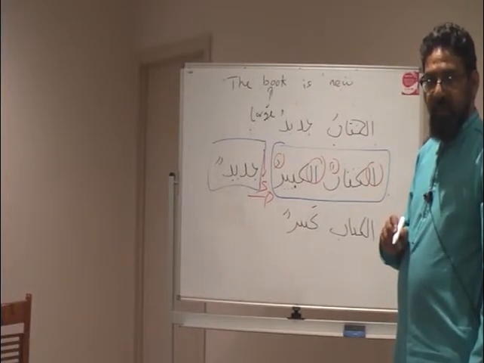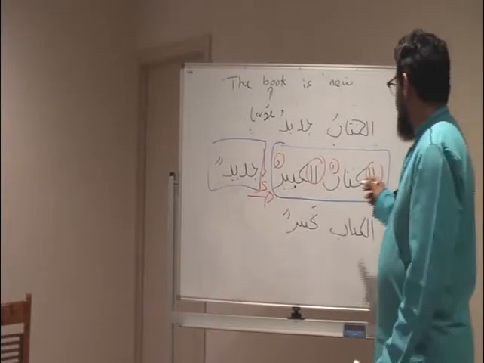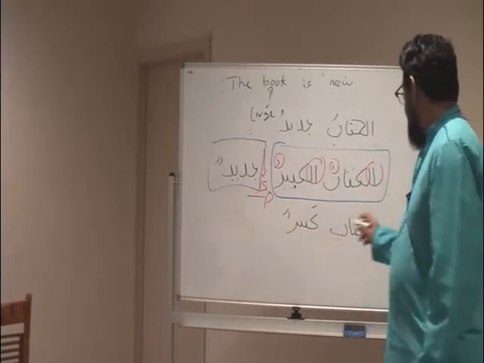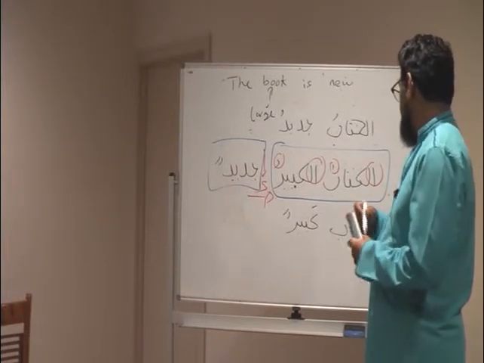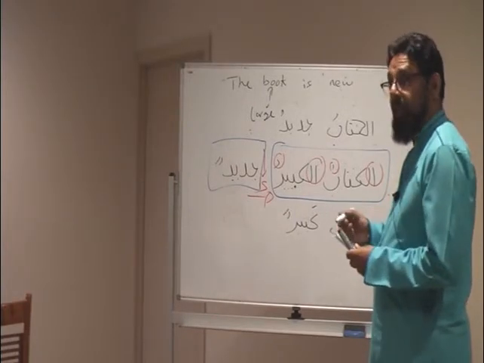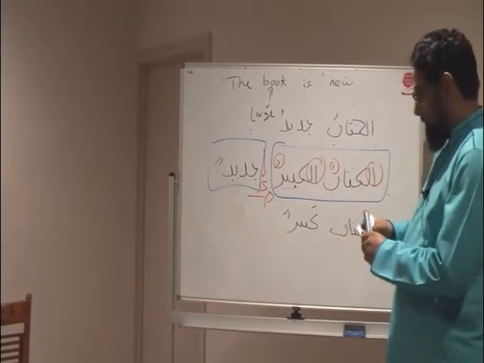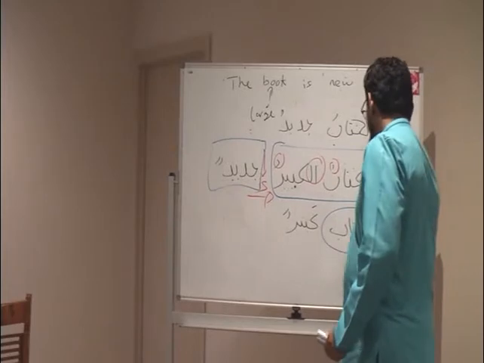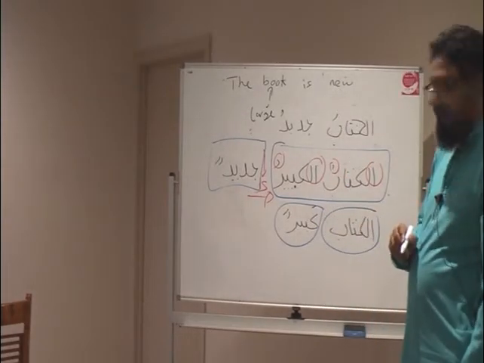How would we then distinguish the large book from the book is large? Again, al-kitabu would be the mubtada, and kabirun would be the khabar.